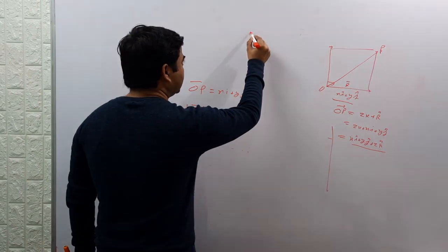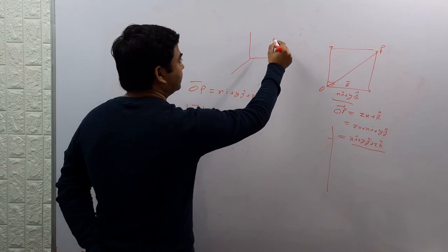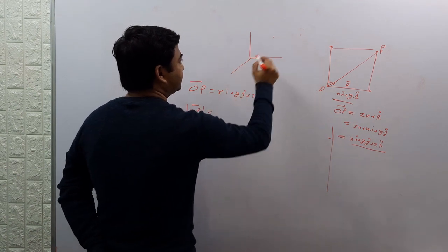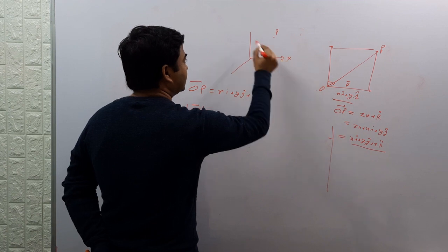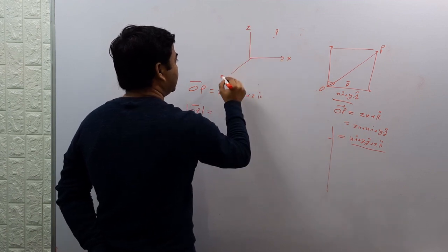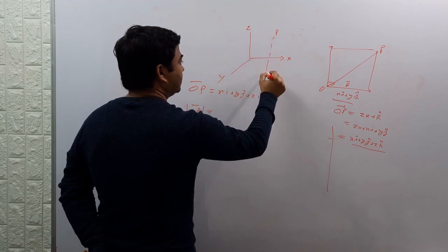Again, from this system, let this be P, this is X, this is Z, this is Y. So we have drawn a perpendicular.